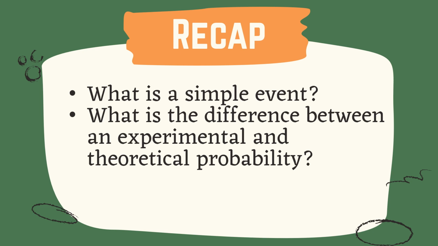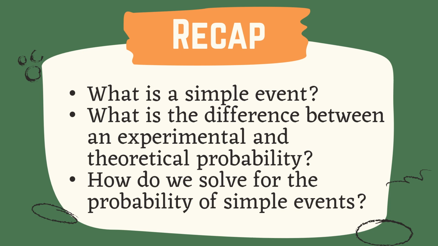Experimental probability is based on actual outcomes of an experiment, while theoretical probability is calculated based on mathematical principles and assumptions. Lastly, how do we solve for the probability of simple events? So, to solve for the probability of simple events, simply divide the number of favorable outcomes over the total number of possible outcomes.